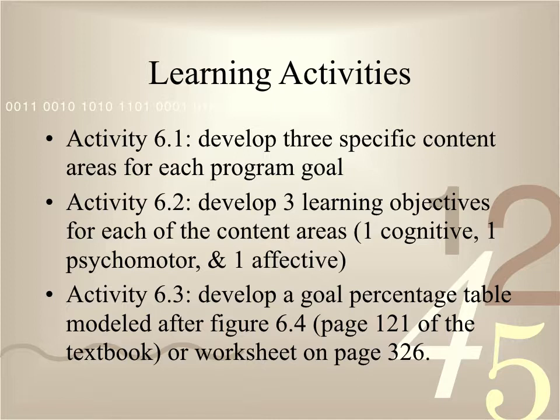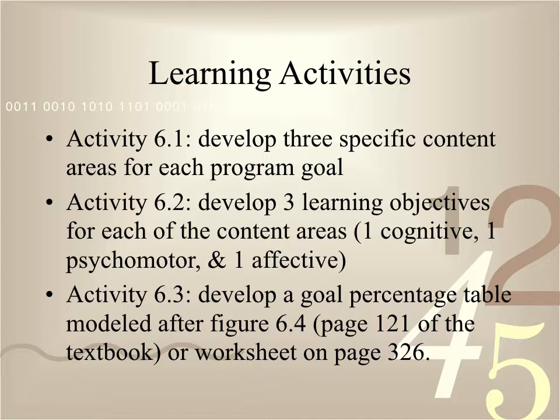As you can see in class, I've provided you a template for all the learning activities for this module. So in activity 6.1, you're going to take your program goals that you have written. Then for each program goal, you're going to provide 3 specific content areas. Again, as I said earlier in this presentation, you can have more than 3, but I want you to limit it to 3.